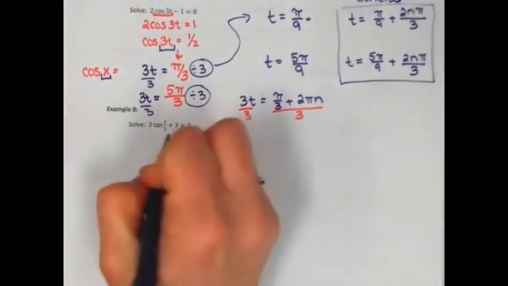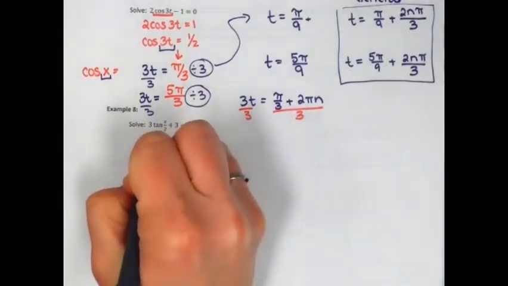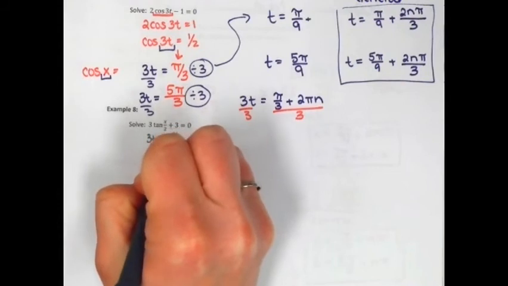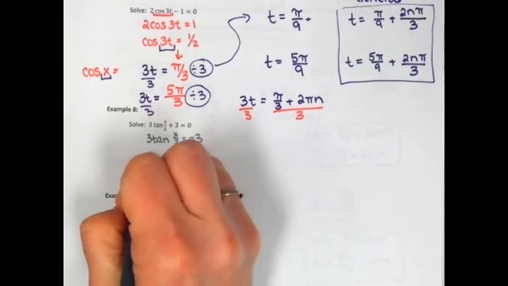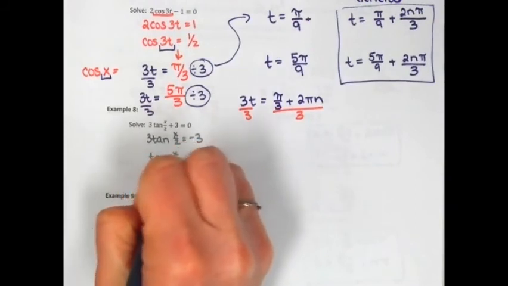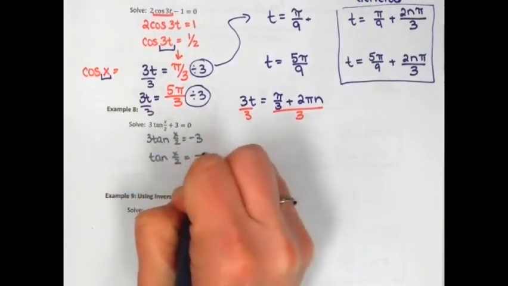I subtract the 3. So I get 3 tangent of x over 2 equals negative 3. How do I get rid of that 3? Divide, so we get the tangent of x over 2 equals negative 1, right?